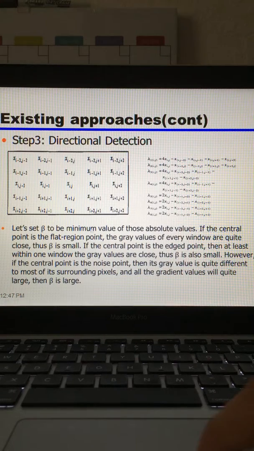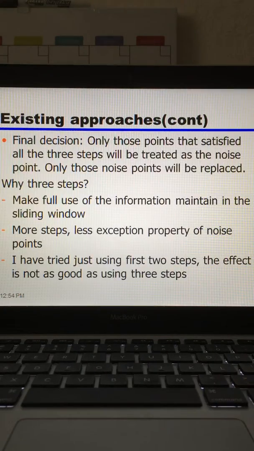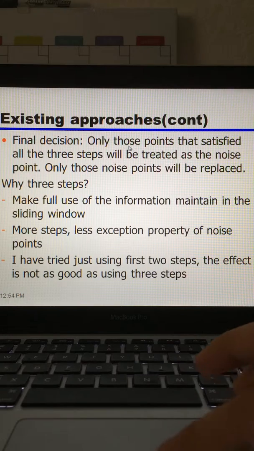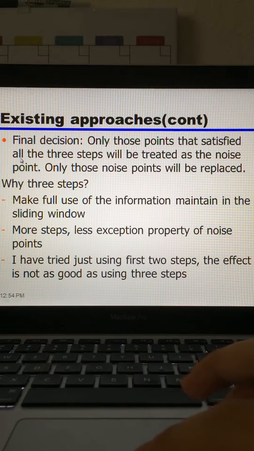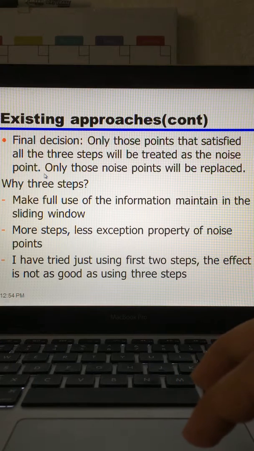However, if the central point is a noise point, then all the gradient values are quite large. Thus, the minimum value is also large. Based on these 3 steps, I can make a decision, and only those points that satisfy all these 3 steps will be treated as noise points, as I have mentioned.